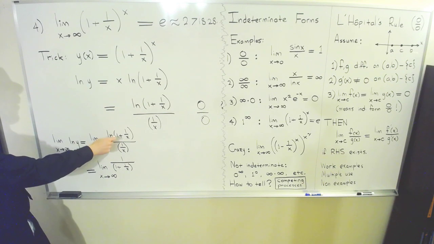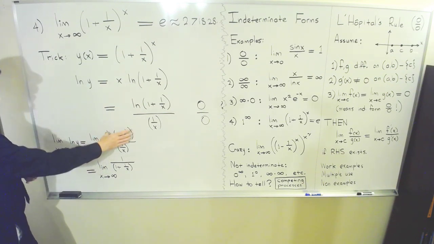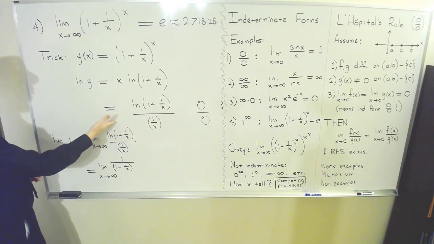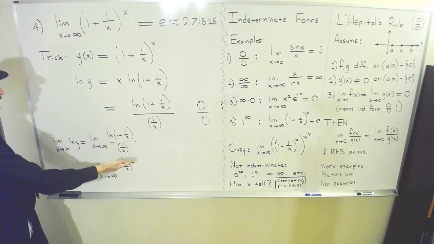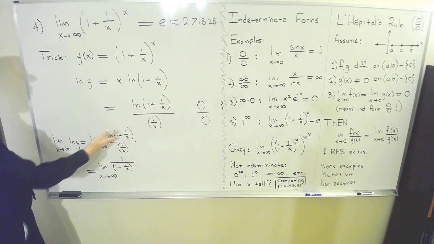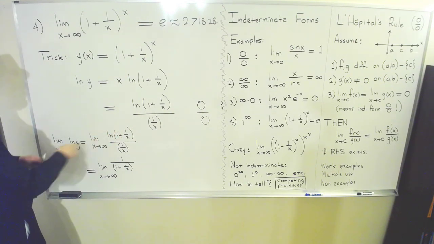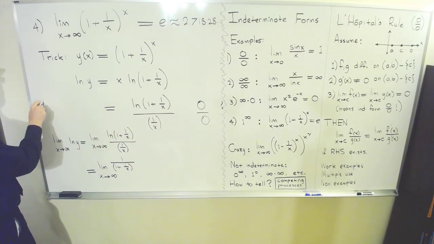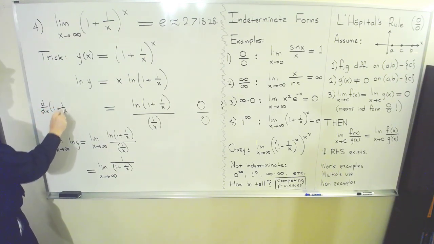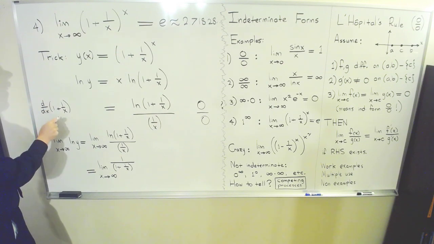So all I've done so far is take the ln, take 1 over that, and then I have to take the derivative of the inside, which is d dx of 1 plus 1 over x. Well, the 1 dies, the d dx kills it.